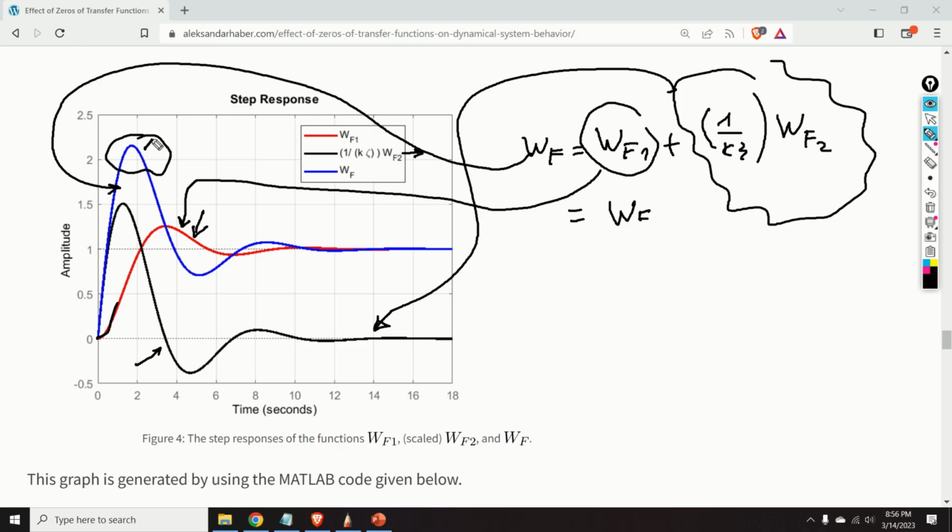And this is the reason for the overshoot. The derivative action that's in the zero creates the overshoot, and we can see that as k decreases the value, this term over here starts to increase.